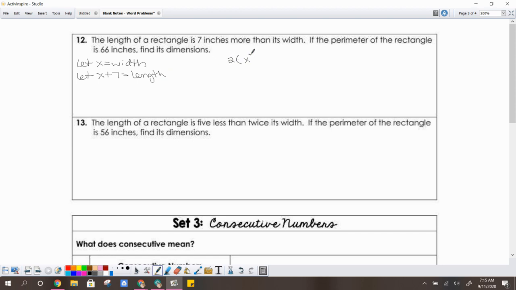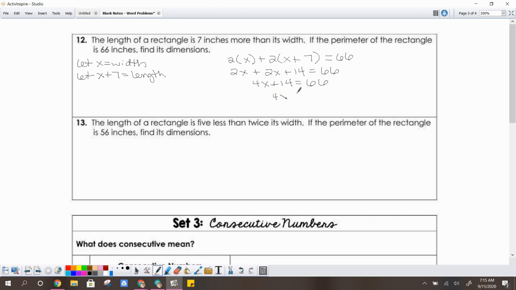So 2x plus 2(x plus 7) equals your perimeter of 66. And then solve. 2x plus 2x plus 14 equals 66. 4x plus 14 equals 66.